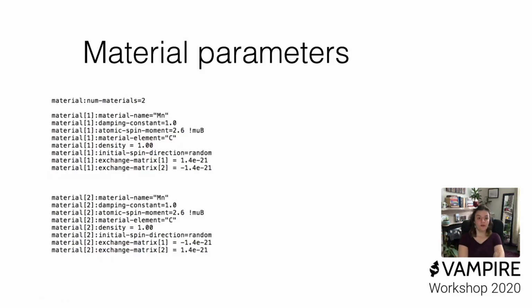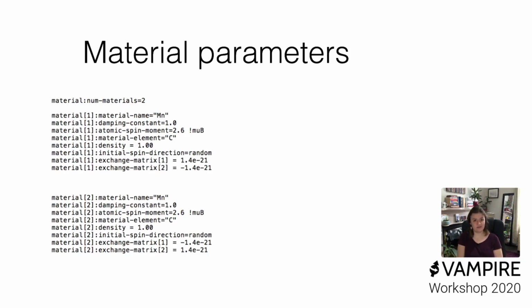So now we have created our unit cell file. What we need to do is look at our material file. So this is our material file. Our number of materials is 2, 1 for each sublattice. So both of these materials are basically going to have very similar properties, because they're both just simple antiferromagnetic materials.